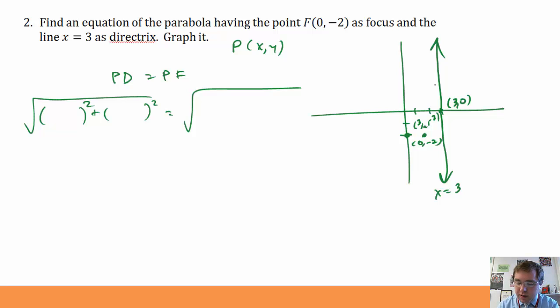It's going to be somewhere, let's say it's here, just to give us a sense of where it is. That means that's x, y, and this point right here is at 3, y. We'll have the same y coordinate, but the x coordinate must be 3 because it's on the line. And then that's my PF. Here's my PD.